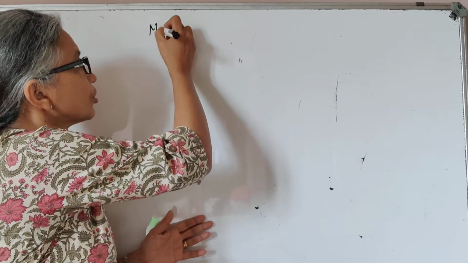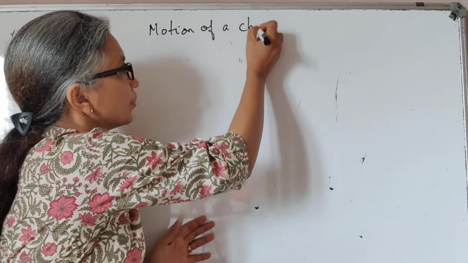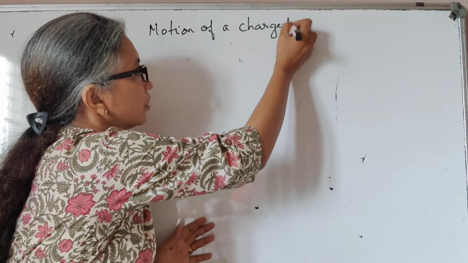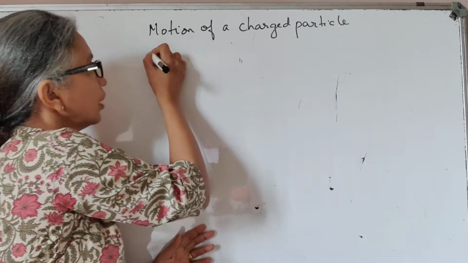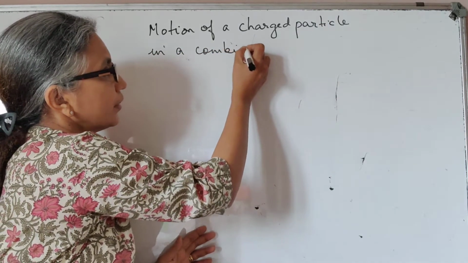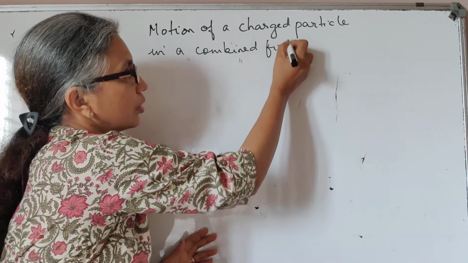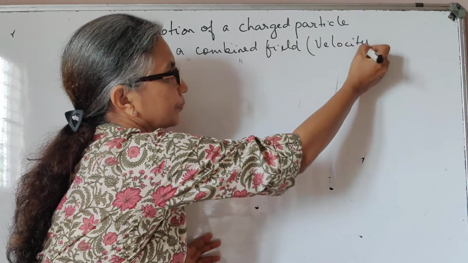So this is motion of a charged particle in a combined field, and this is also referred to as the velocity selector.